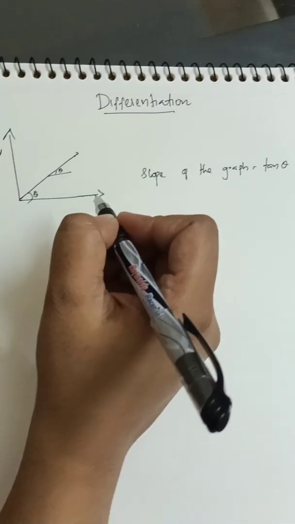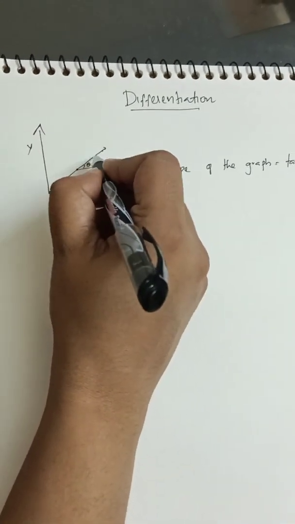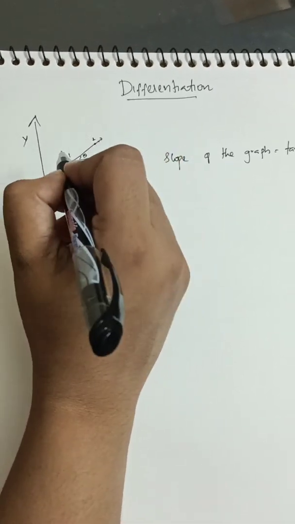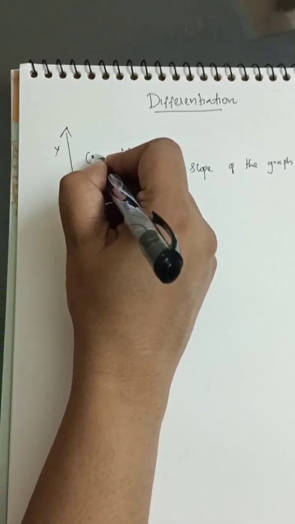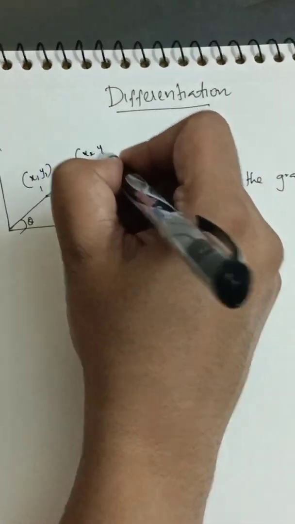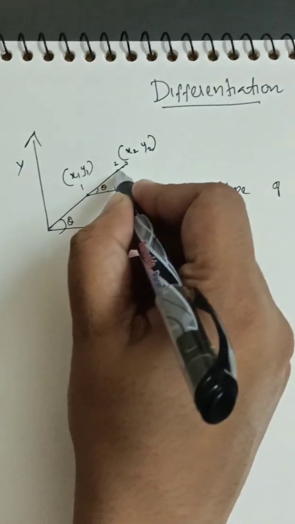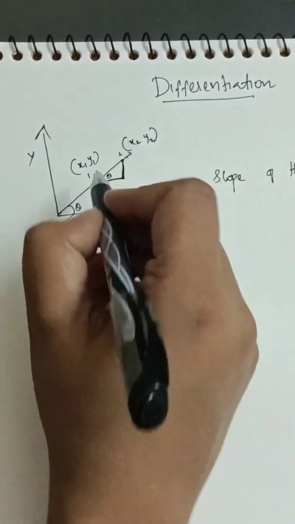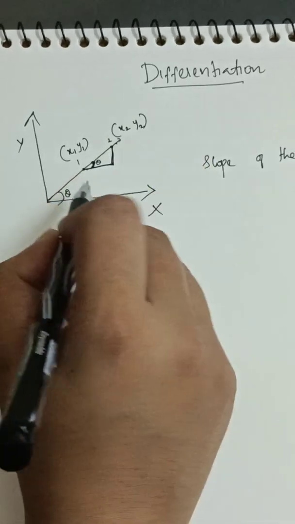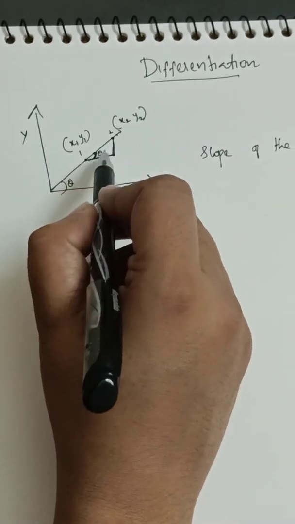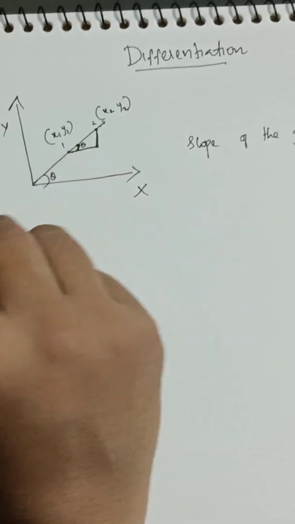Okay, let's take 2 points in this graph, 1 and 2, and the coordinates are x1, y1. Here it is x2, y2. So we are going to find what tan theta is here. Tan theta is perpendicular upon base.